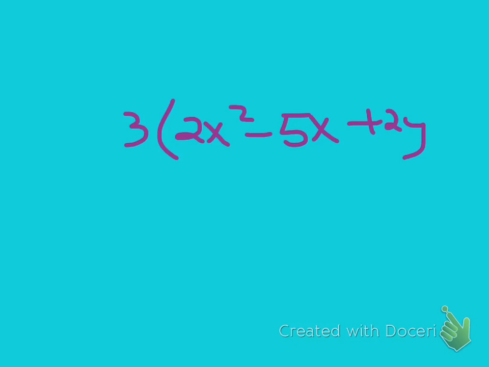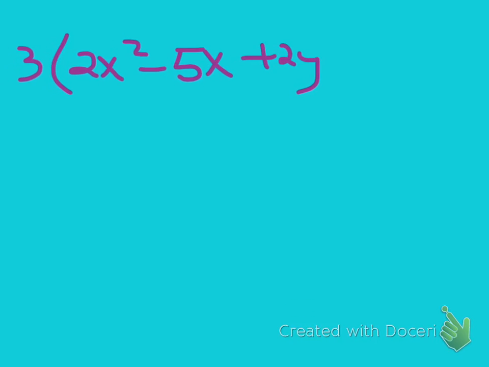So we can do this with multiple things now. We're going to make it really big and do the distributive property with more than 2 things: 3 times the quantity 2x squared plus 5x plus 2y minus 7. When I'm distributing, we take the 3 times this, which makes 6x squared.